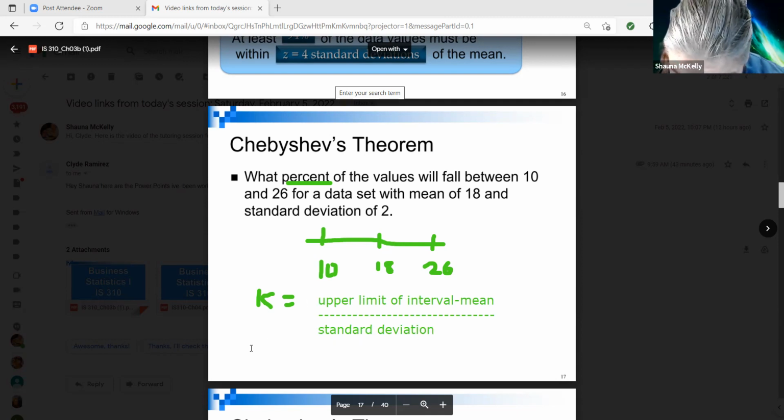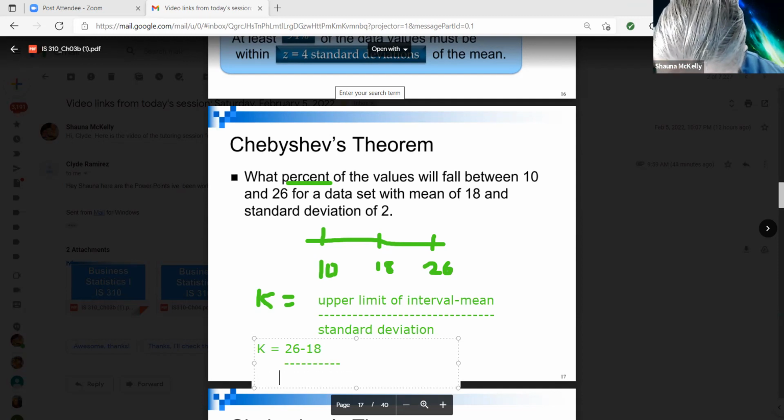So here you get K is equal to, if I use the upper limit, 26 minus 18, and I'm dividing it by, what's the deviation?